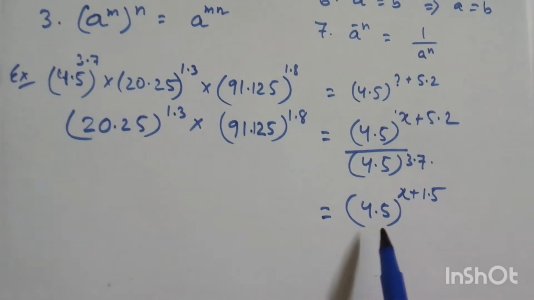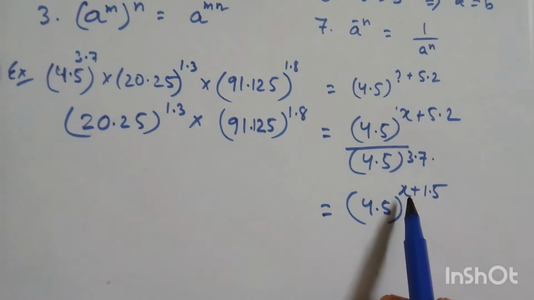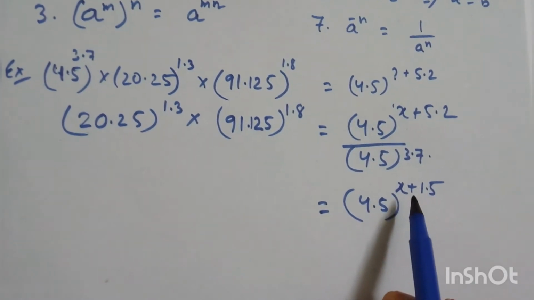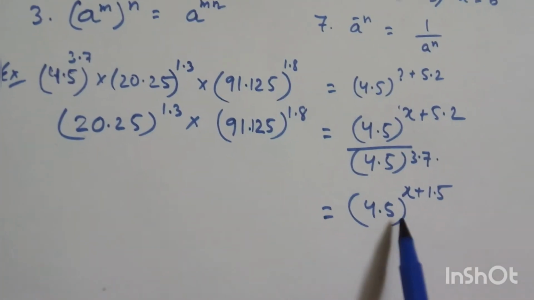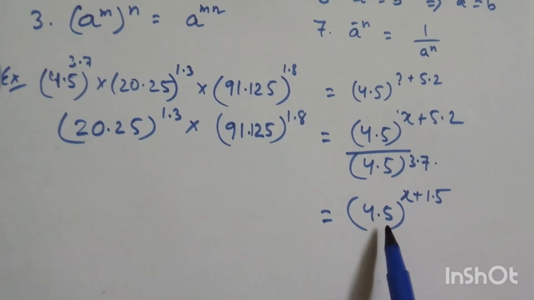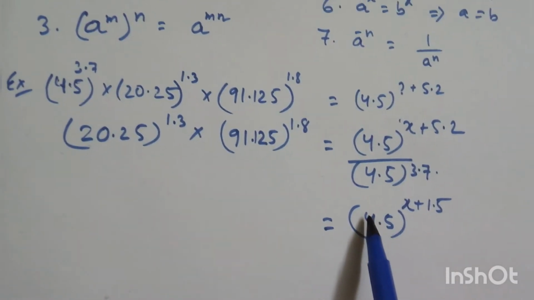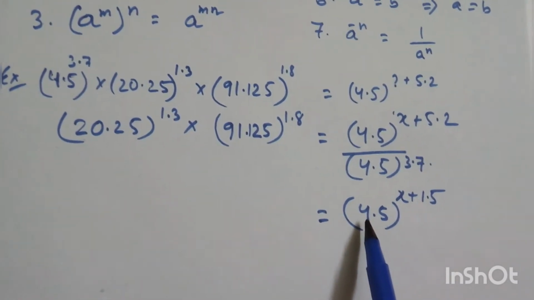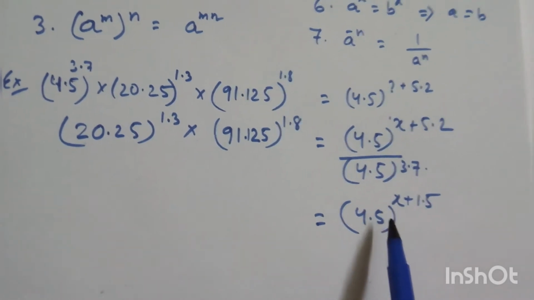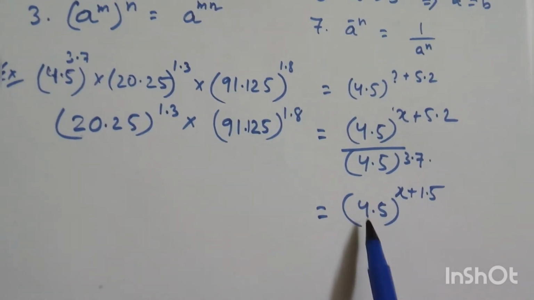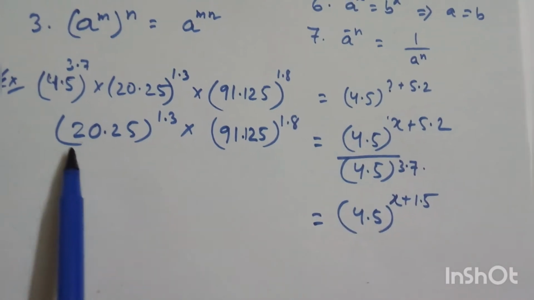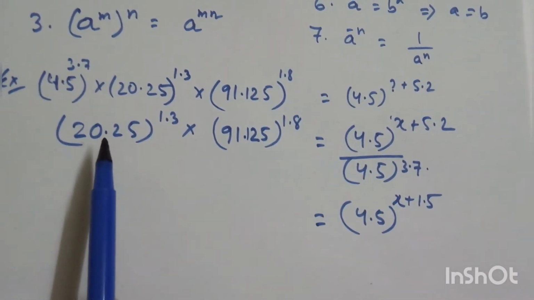Now you can see that we have to find the power. The base must be the same. So by common sense, we don't know 4.5 squared, but we know 4 squared. So 4 squared equals 16. It is nearer to 20.5.